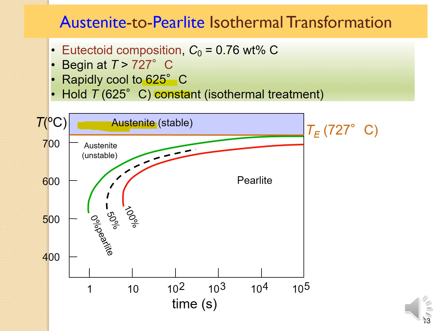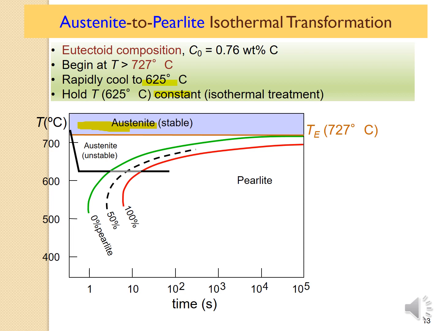So here is what happens. Again, we'll start from austenite and quench it, or cool it rapidly, to 625 degrees Celsius. Then we hold the temperature at a constant value, 625 degrees Celsius. And here is what happens, right?